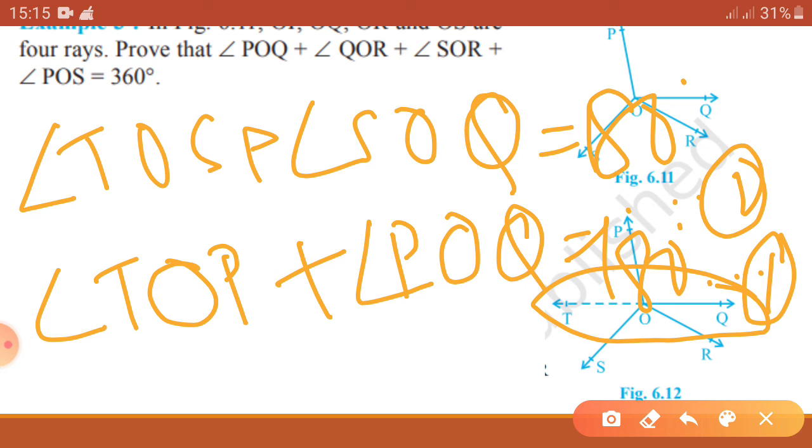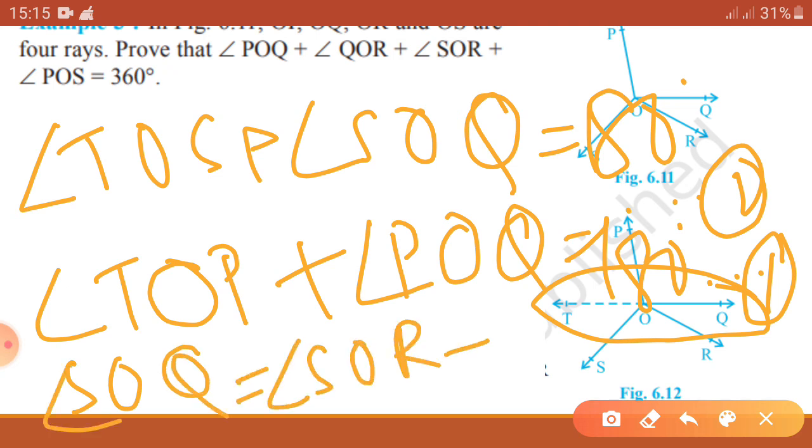But SOQ in this figure is equal to angle SOR plus angle QOR.